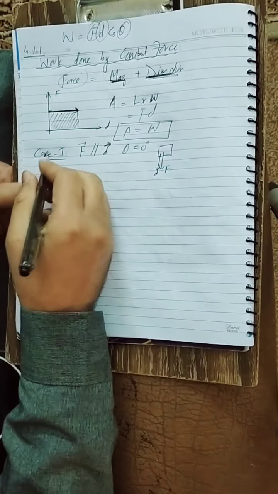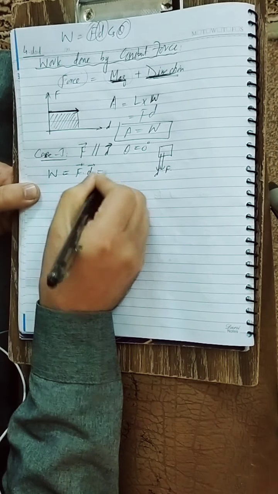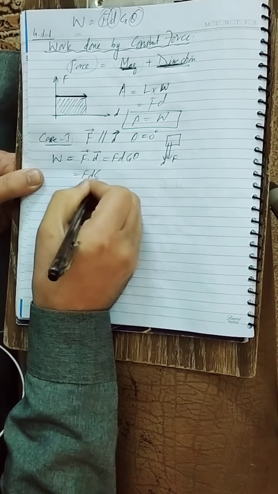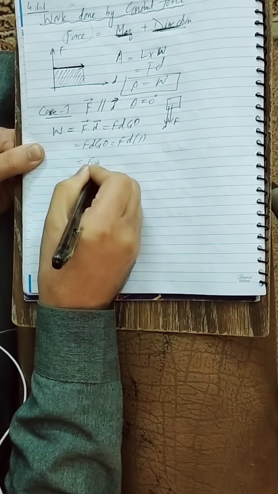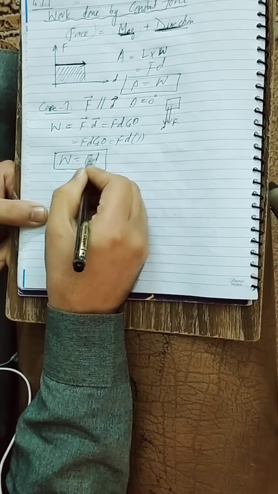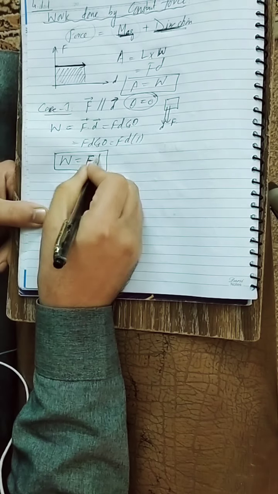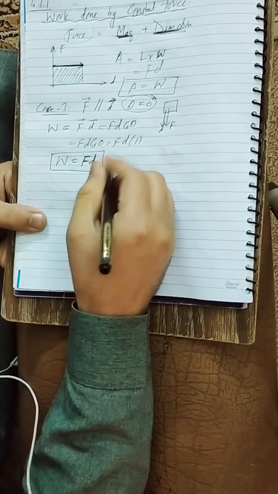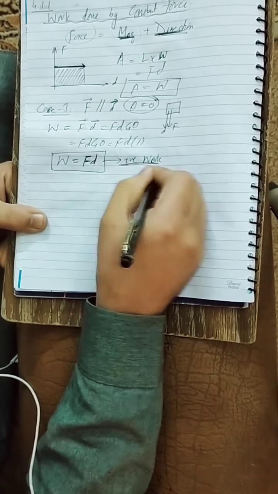So both are the same in direction. Look at the work done. Work done is equal to F dot D, and if you remove the dot, you will place cos theta. Theta here is 0 degree and cos 0 is 1. This work done is called work done by constant force, because the magnitude of force is constant and the direction of force is constant. Now this work done is called the positive work, or the maximum work.